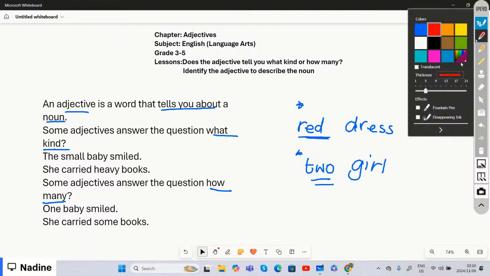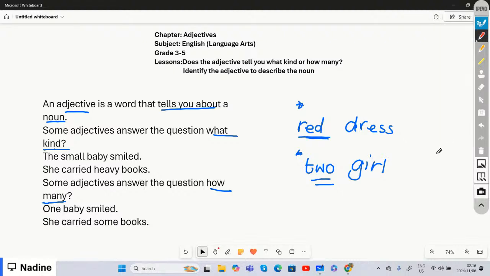Our examples, we already made an example, but another example is: the small baby smiled. If we were to choose the correct option, what kind of baby?